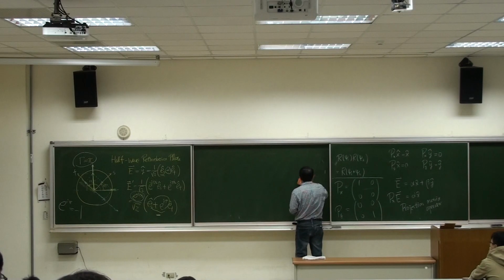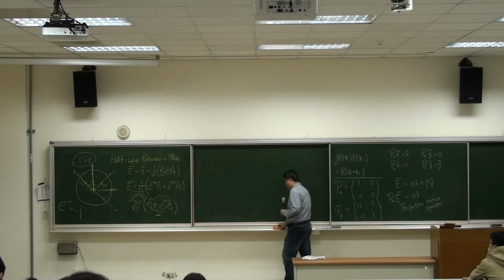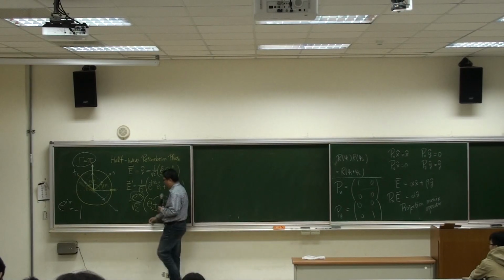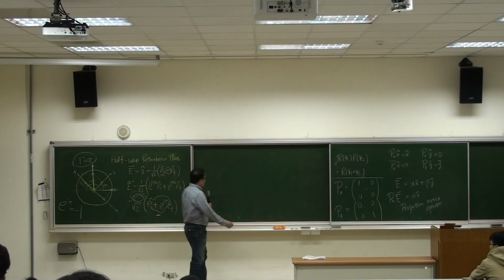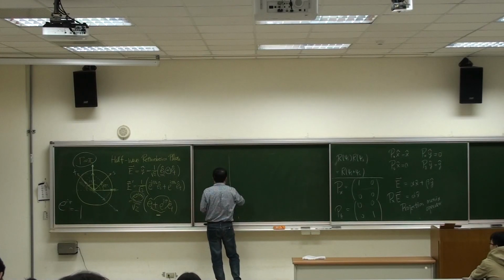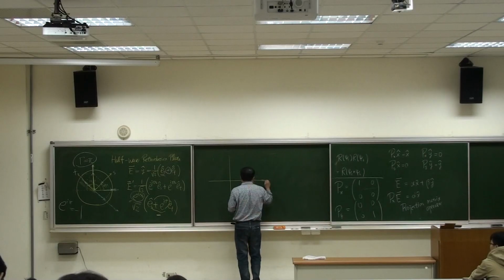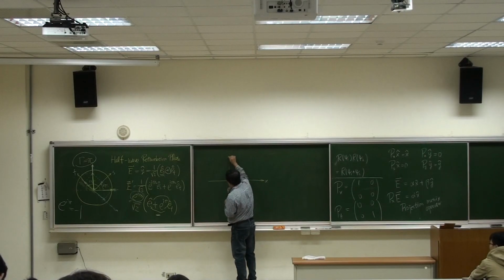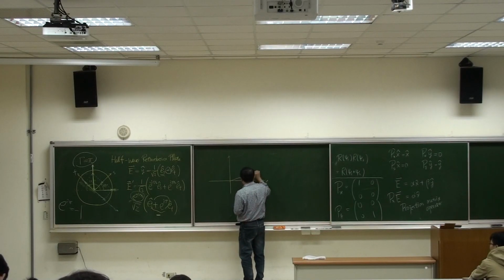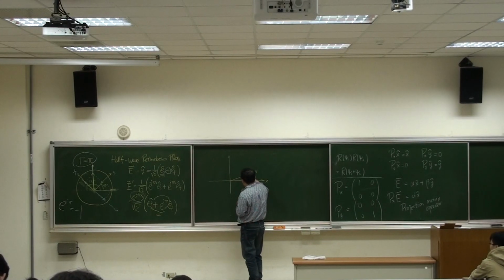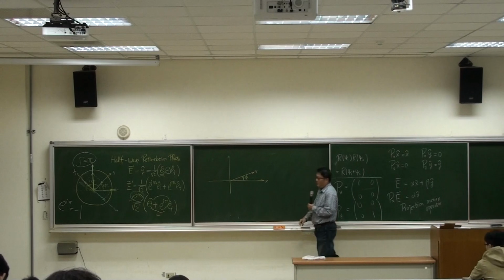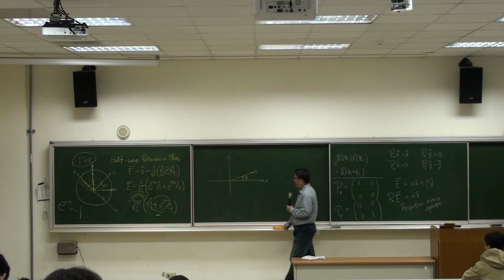The angle between the slow axis and the x-axis is an arbitrary angle psi. Suppose this is the x-axis and this is the s-axis. The angle between them is psi.